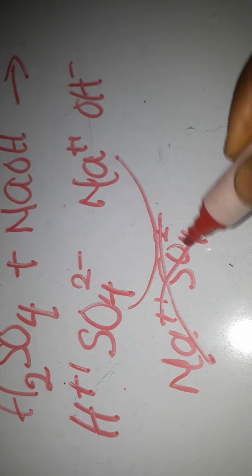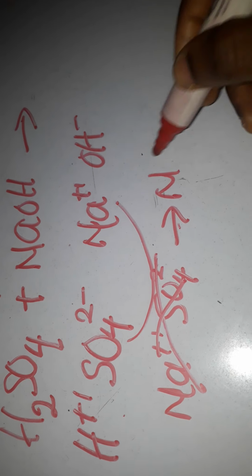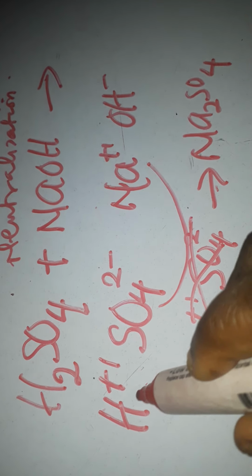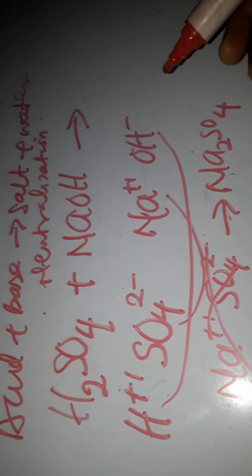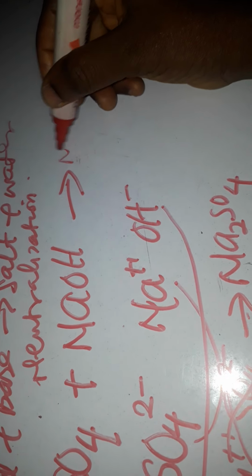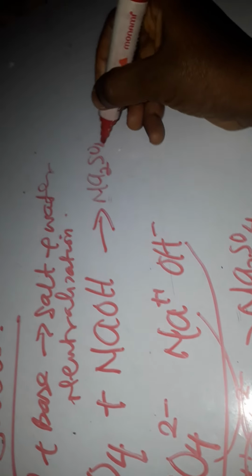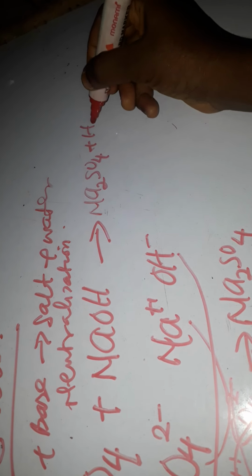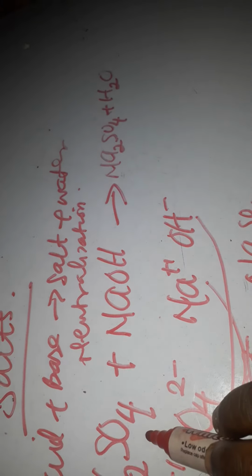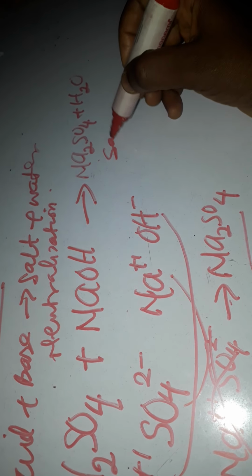There will be an exchange of radicals to give Na2SO4. And when the hydrogen ion and hydroxide combine, you get water. So Na2SO4 and water are formed. This is sodium tetraoxosulfate VI from tetraoxosulfate VI acid, and we also have water, salt and water.